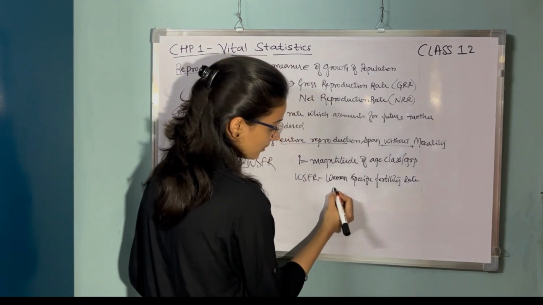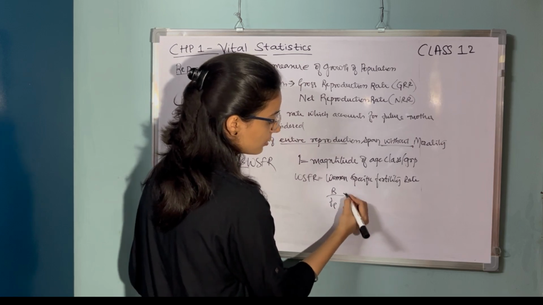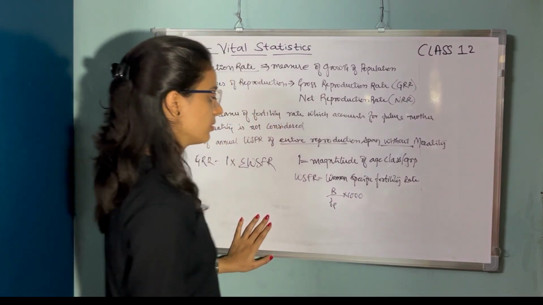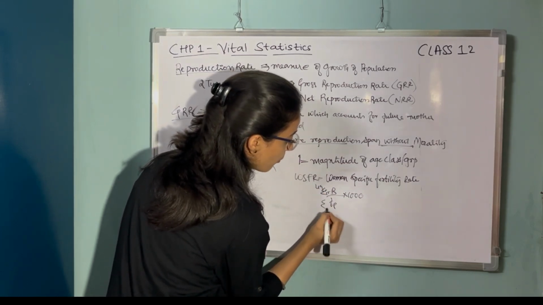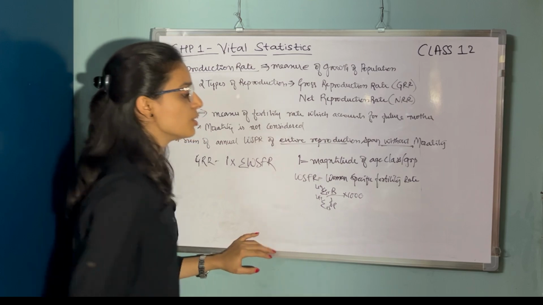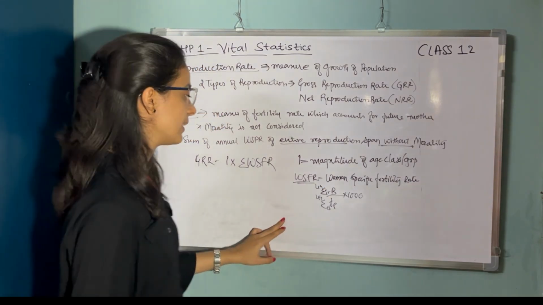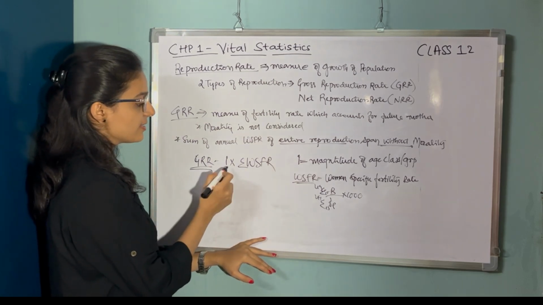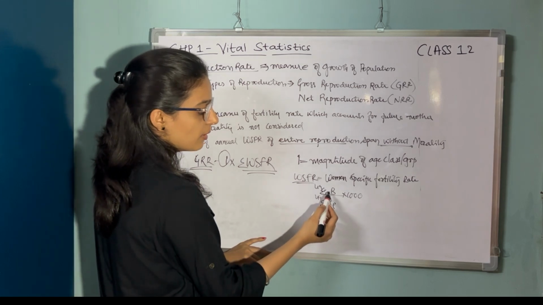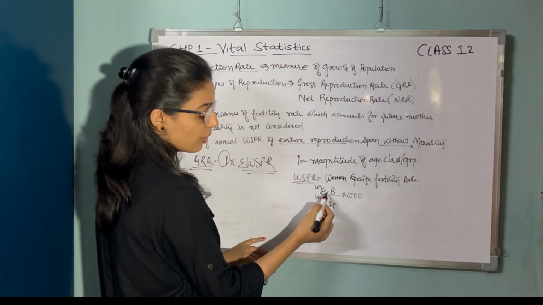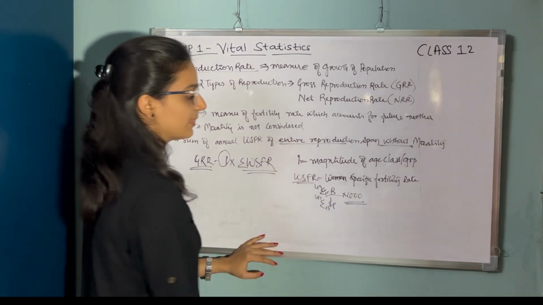This is calculated by birth by female population into 1000, summation from age 15 to 49, the female population of childbearing age. WSFR full form is women specific fertility rate, and the formula for GRR is I into WSFR.